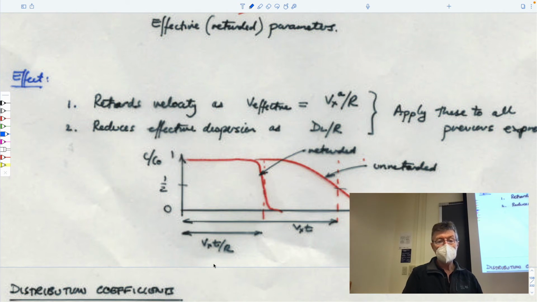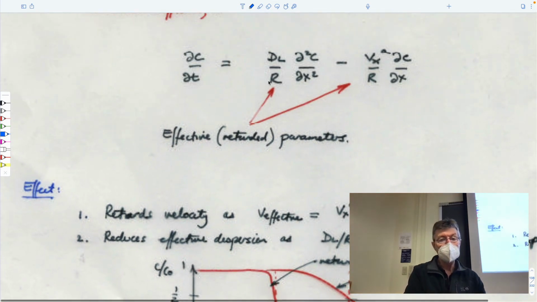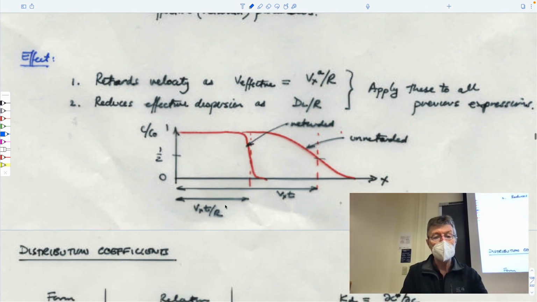And so it's retarded by an amount that's equal to the ratio of the velocities. The conservative velocity divided by the non-conservative velocity. And it also sharpens the front. So it effectively reduces the dispersion because you're dividing through this dispersion by some number bigger than 1, and therefore it reduces the magnitude of the true dispersion into an effective dispersion. And so you'd expect the curves to look like this.